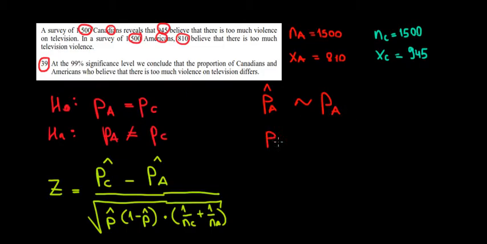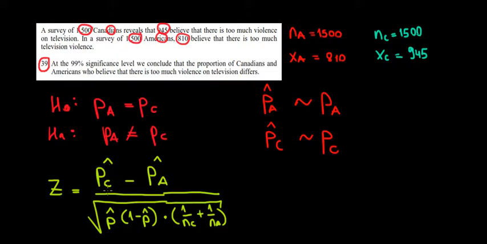And the same analogy goes for the proportion in the sample of Canadians, which is an estimate for the overall proportion of Canadians in the population that believe there's too much violence on TV. So if we have a large enough difference between these two, we could claim that there's a large enough difference in the entire population.